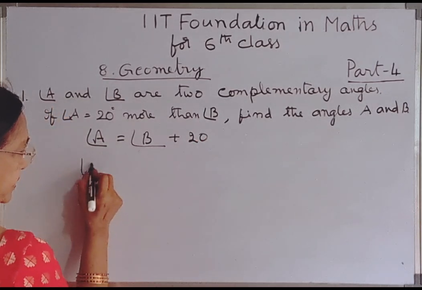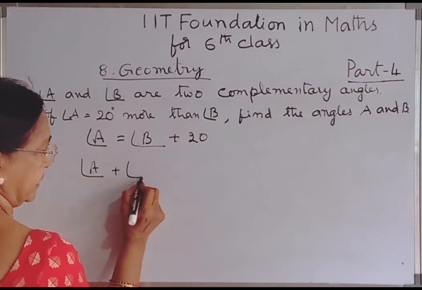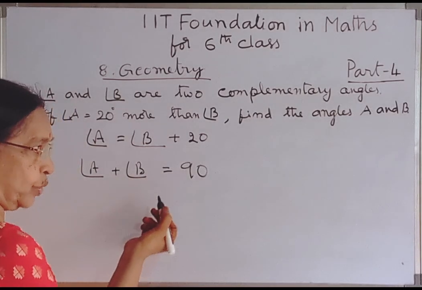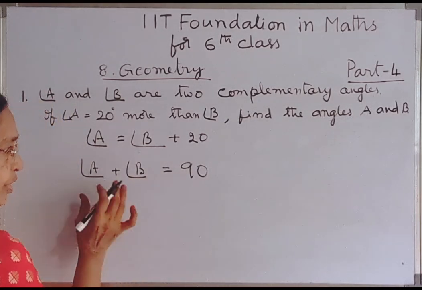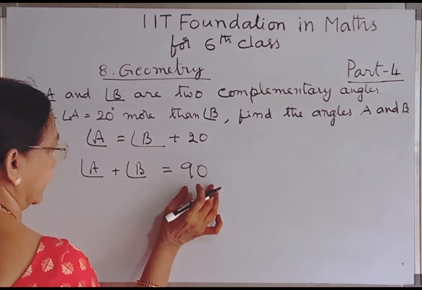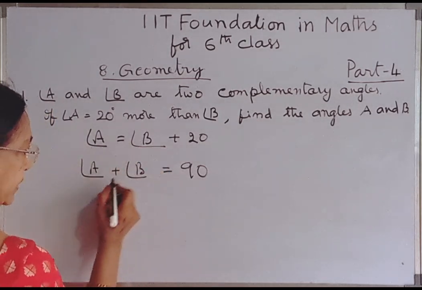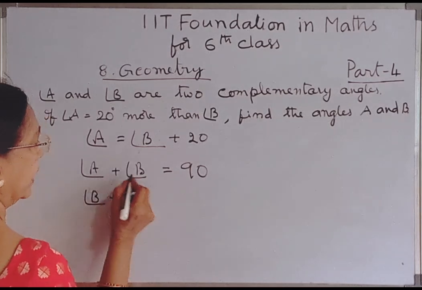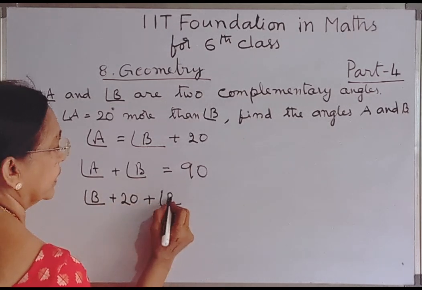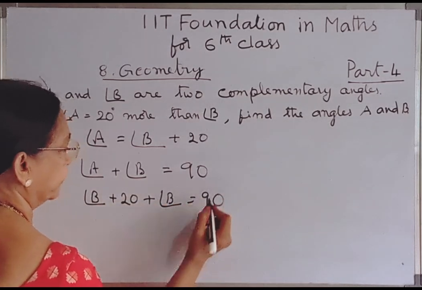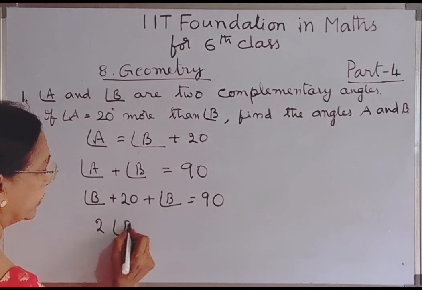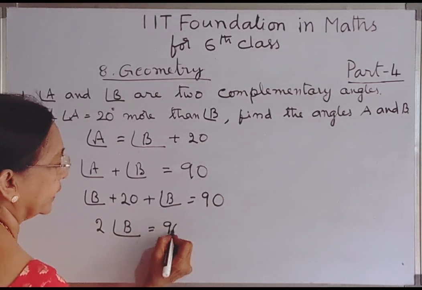Sum of the angles, that is angle A plus angle B, is equal to 90 degrees because they two are complementary. So the sum of the two angles is equal to 90 degrees. But angle A is equal to angle B plus 20, so B plus 20 plus angle B is equal to 90, or angle B plus angle B, that is 2 angle B, is equal to 90 minus 20.